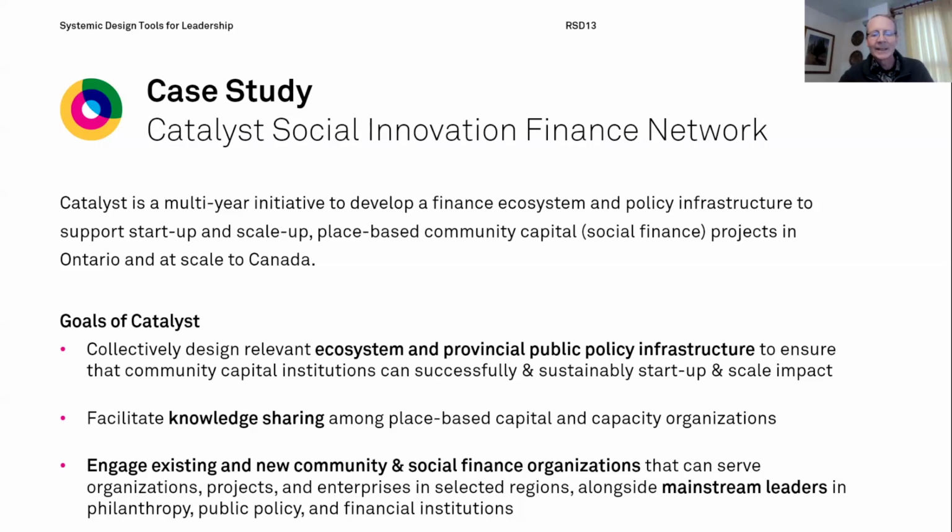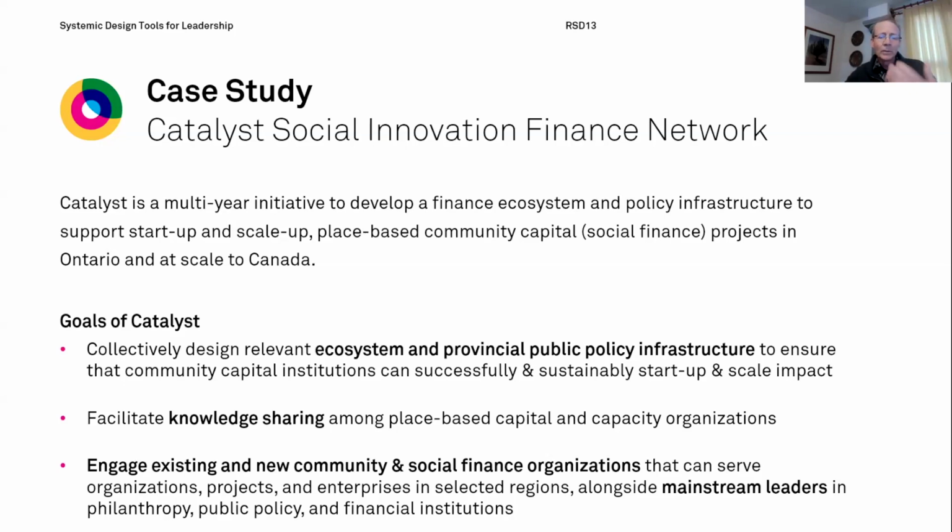So it's extending the types of financial services that are available to social organizations, and extending beyond foundations and credit unions and traditional banking services, as well as government grants.